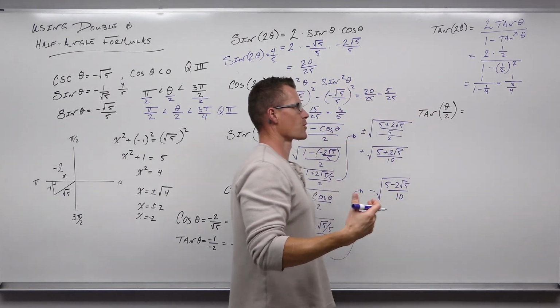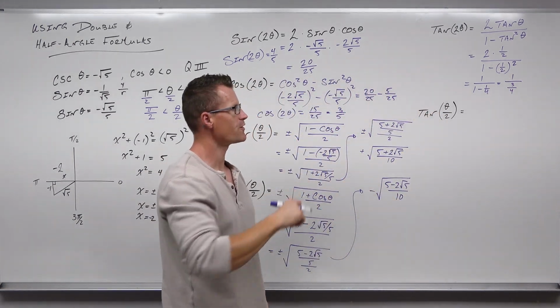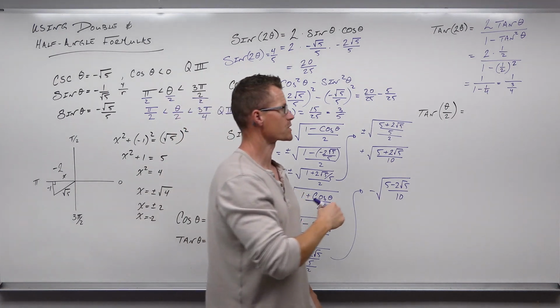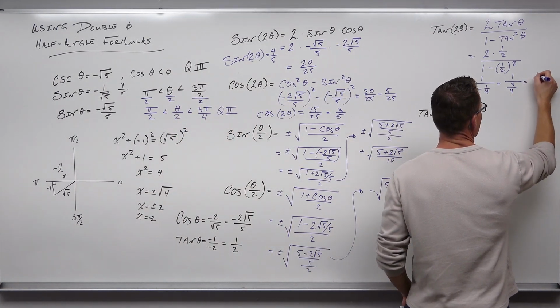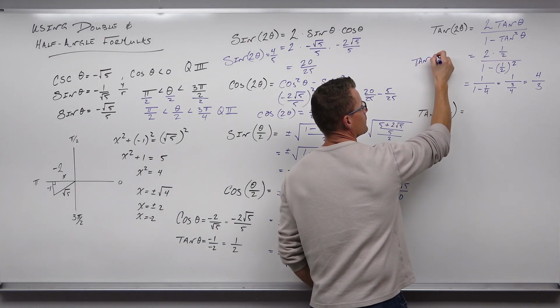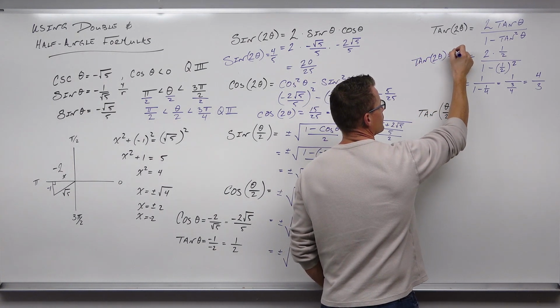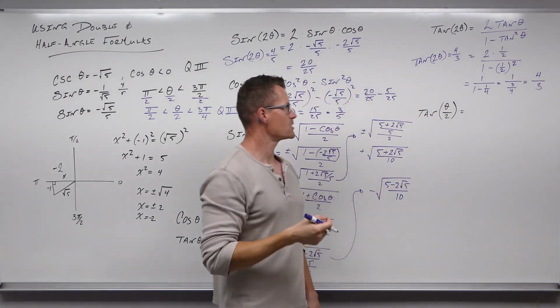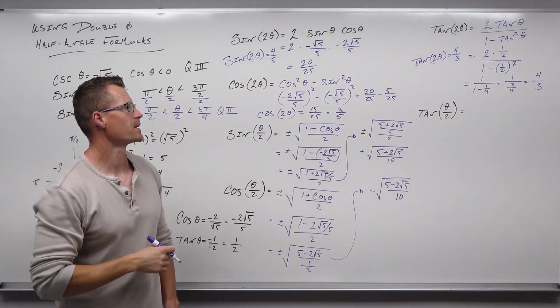So 1 minus 1/4 is 3/4, or this whole thing, 1 divided by 3/4 is 4/3. And so it tells us tangent of 2 theta is just 4/3.